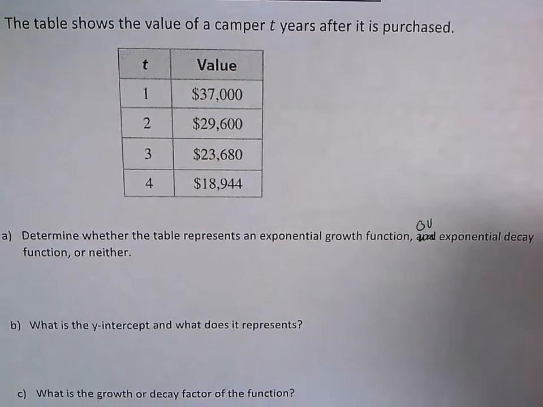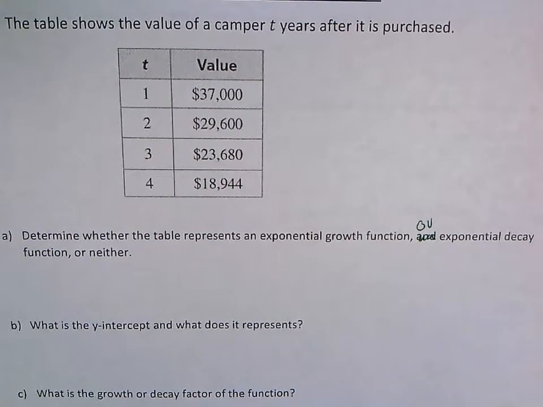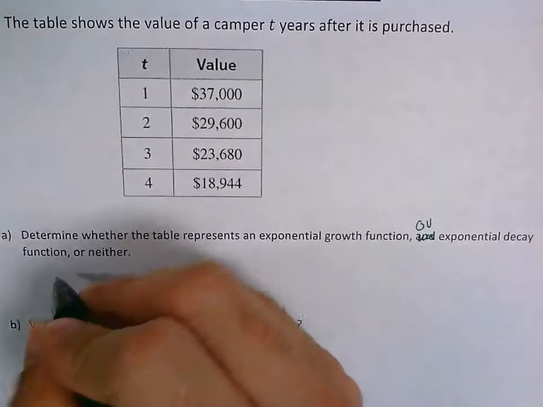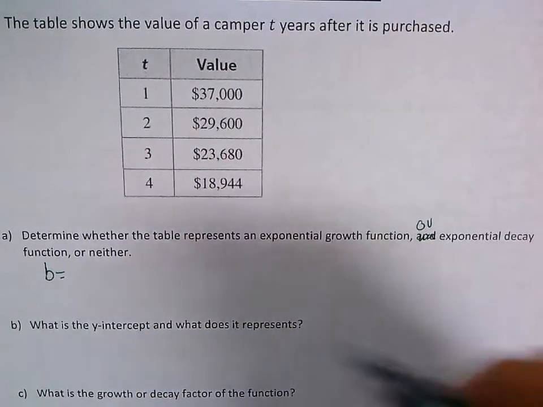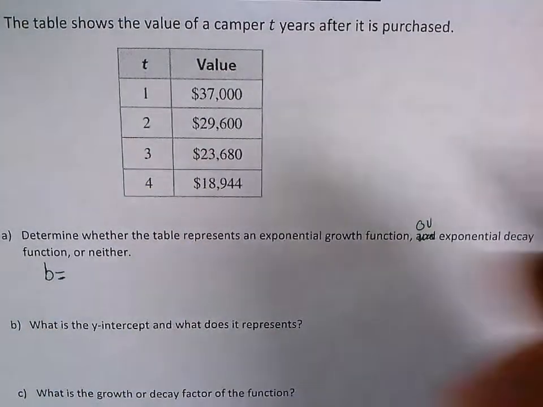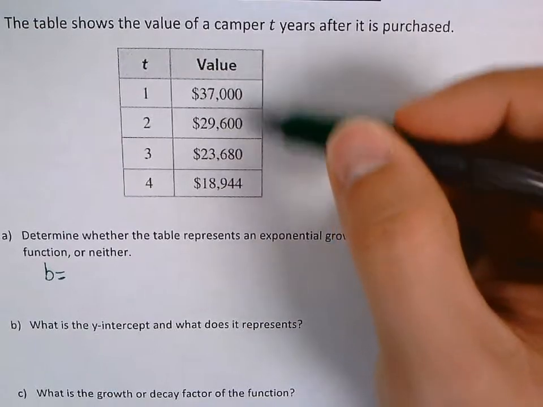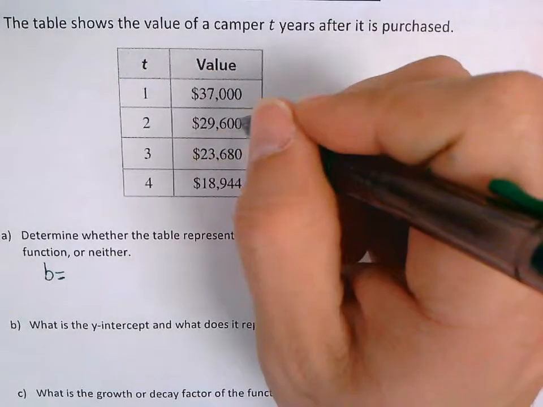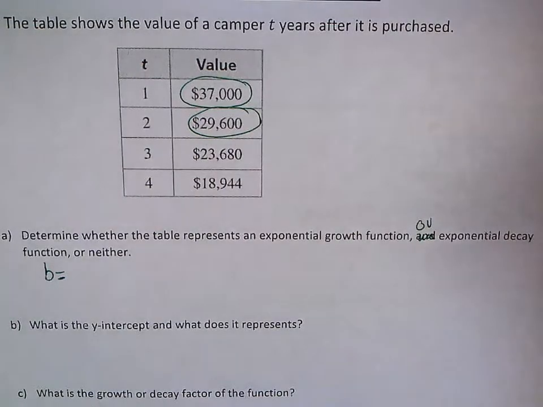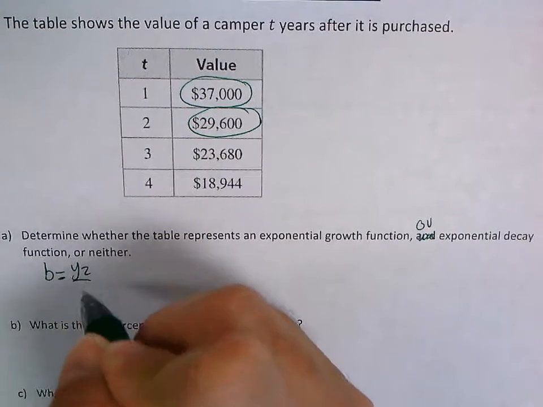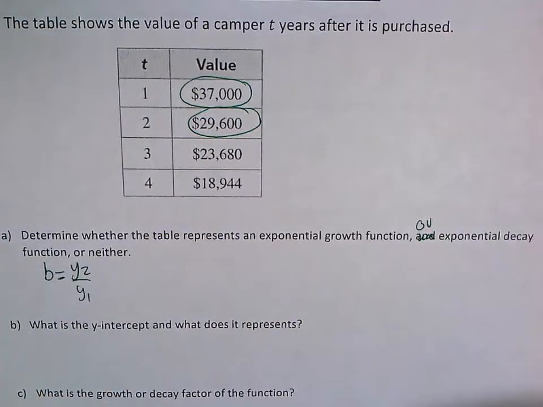Well, we can easily determine this by finding whether we have a common ratio. The way that we can determine that is picking two y values. In this case, I'm going to pick 29,600 and 37,000, and I'm going to divide the second value of y by the first value of y.